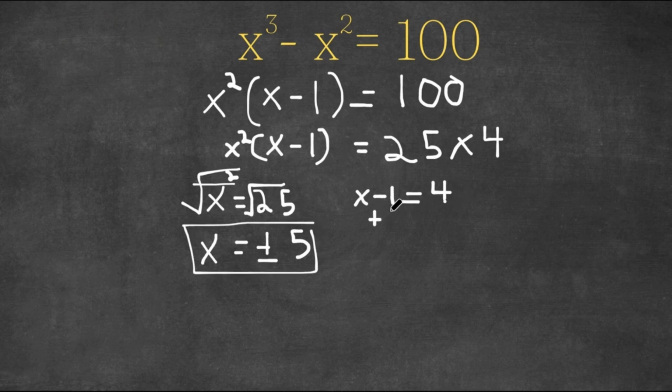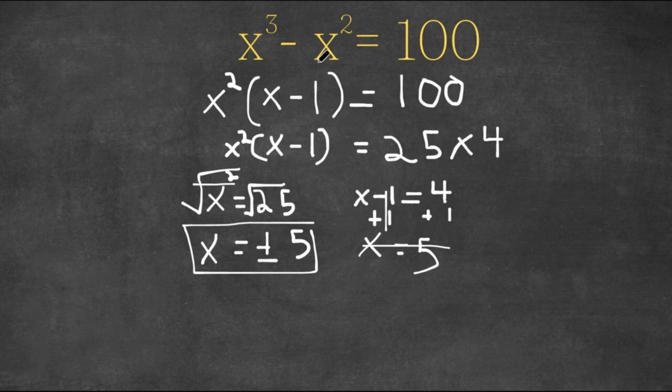Well, we would add 1 on both sides, and if we do that, these two cancel out, and x equals 4 plus 1, which is 5. However, as you can see, 5 is already one of our solutions. So this is just unnecessary. We already have this as a solution. So we have x equals 5 and negative 5.